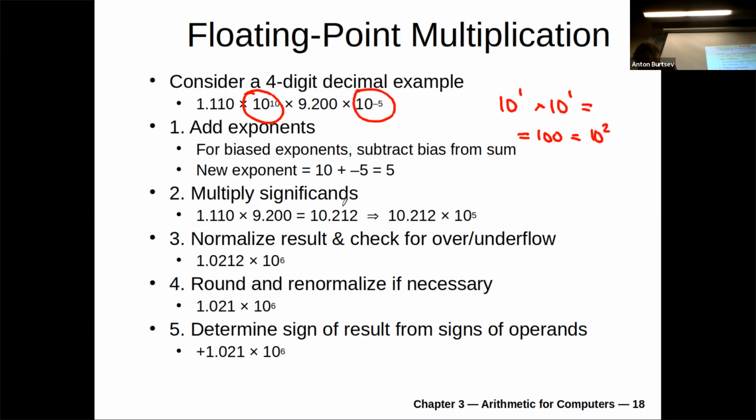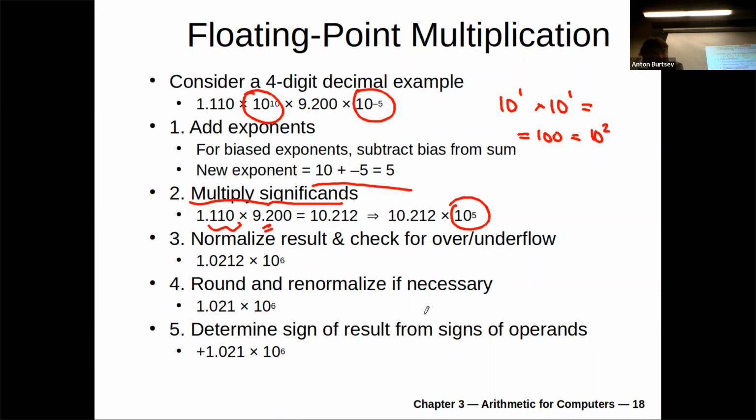So exponents can just be added. Then you simply multiply the significands and put the point correctly. If you do this multiplication, obviously you have to account for where this goes, and so your result produces a 10 to the power 5 in this example. You have to remember it, and then you again normalize and check for overflow and underflow.